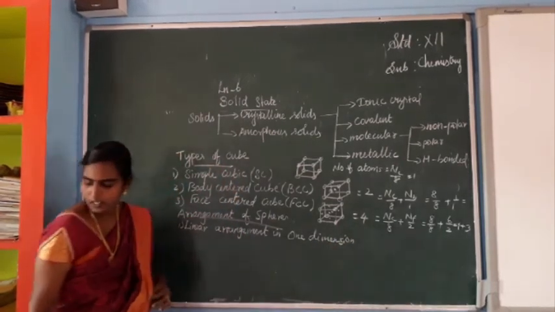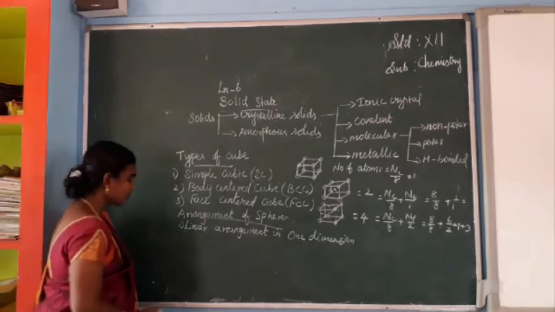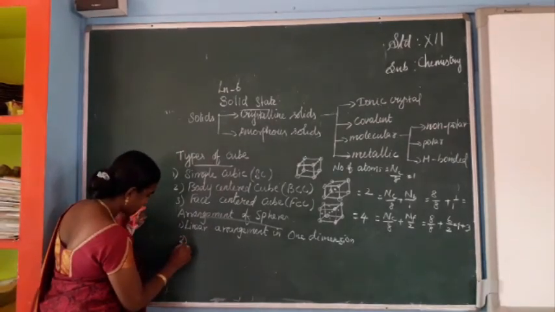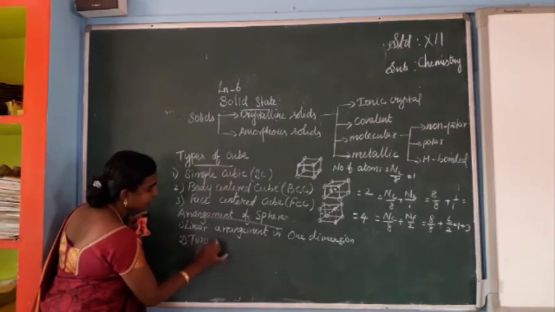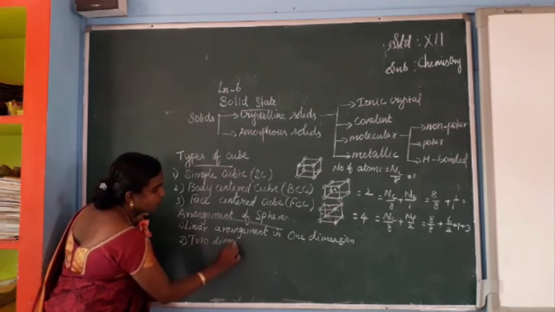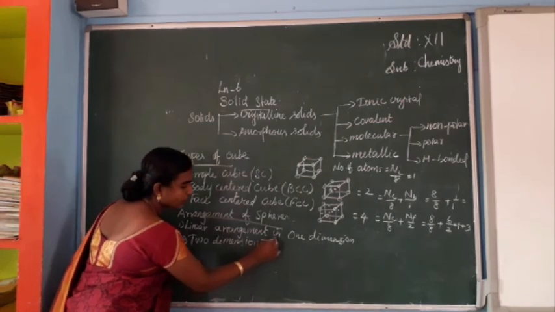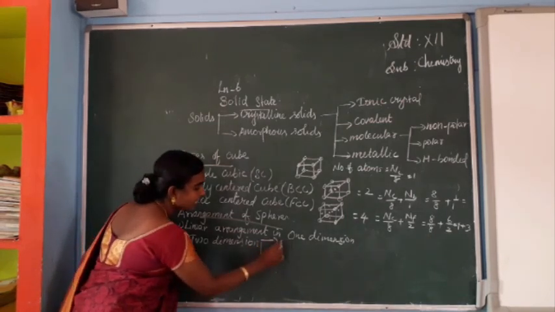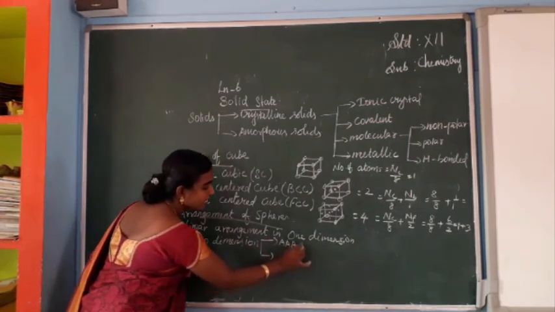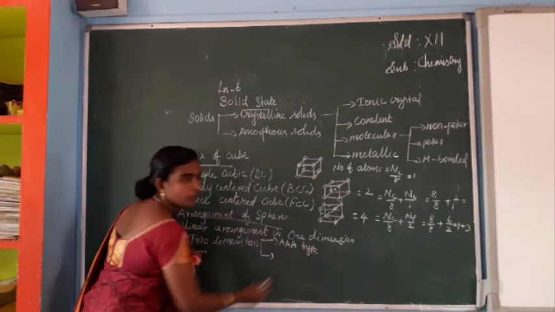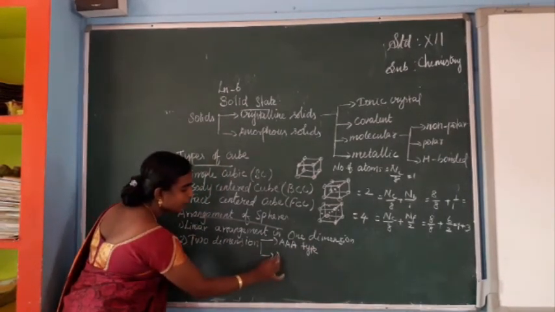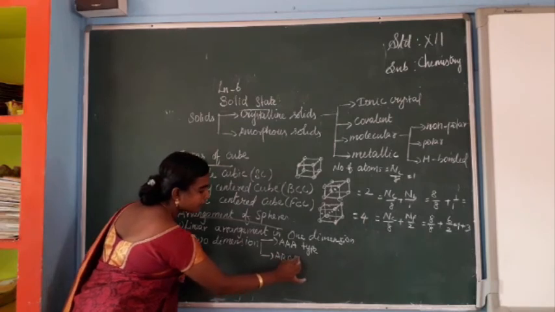Next we have seen two-dimensional arrangement of spheres, which is of two types. What are the two types? That is A type, and one more type is AB type.